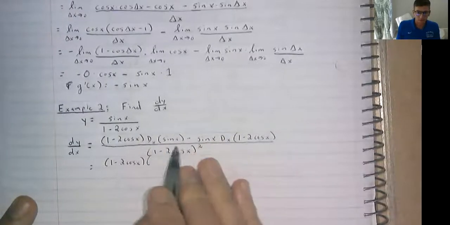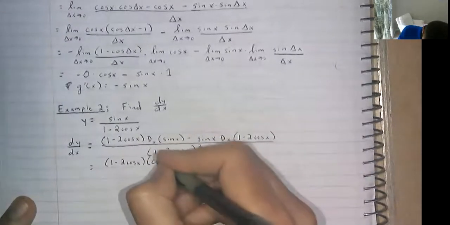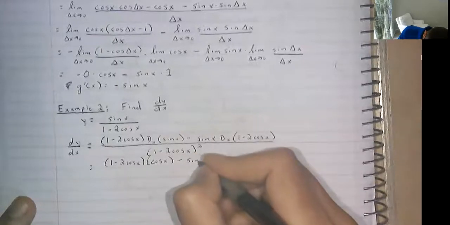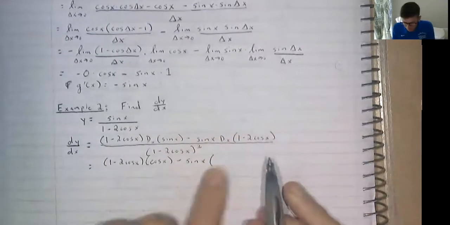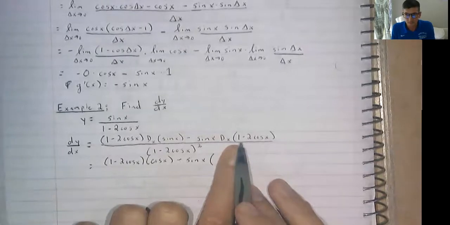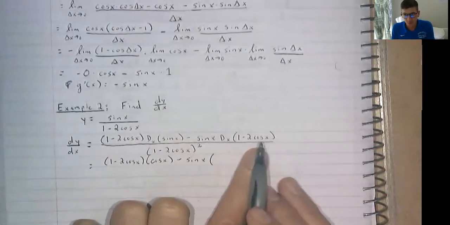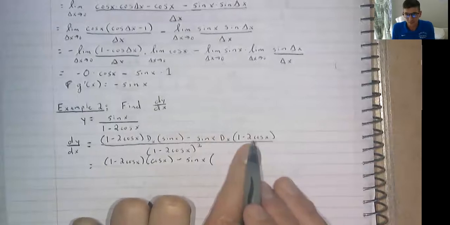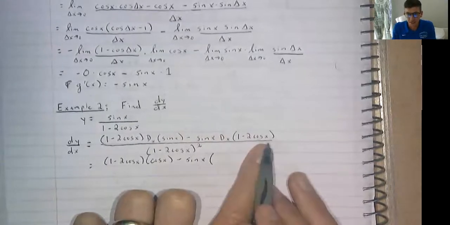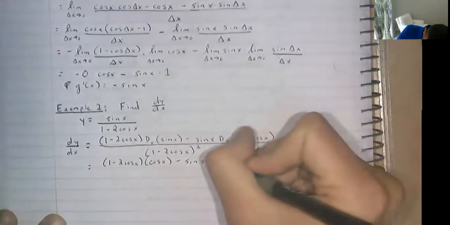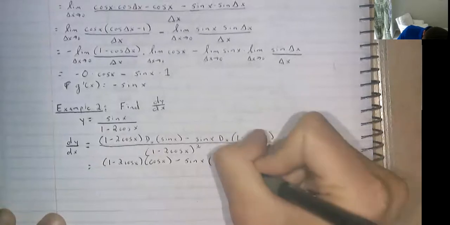The derivative of the sine we just learned is the cosine, minus sine of x times, gotta be a little careful here, the derivative of 1 is 0. The derivative of negative 2 cosine of x is negative 2 times negative sine of x, which becomes positive 2 times the sine of x.